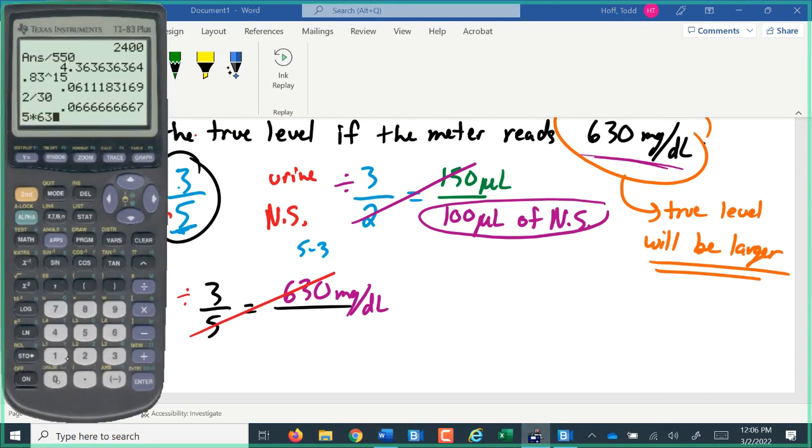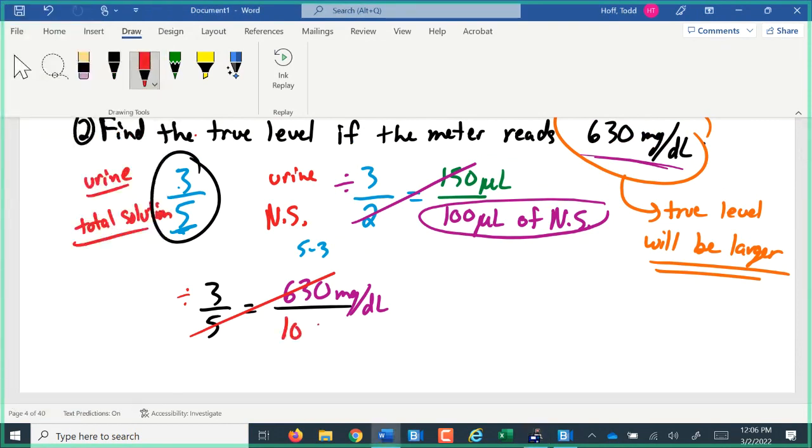Run this through the calculator: 1,050. So after that dilution, the true reading is 1,050 milligrams per deciliter, which, especially if we're measuring sugar in the urine, is a pretty high reading.